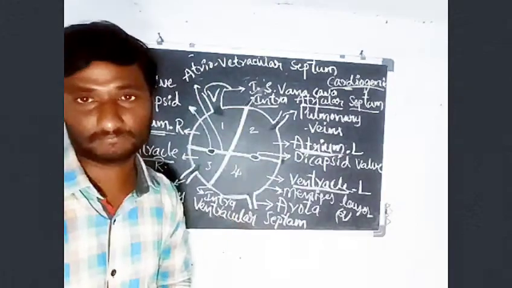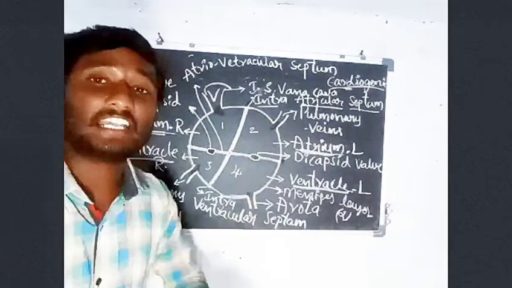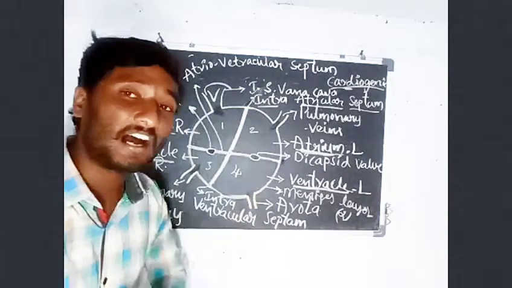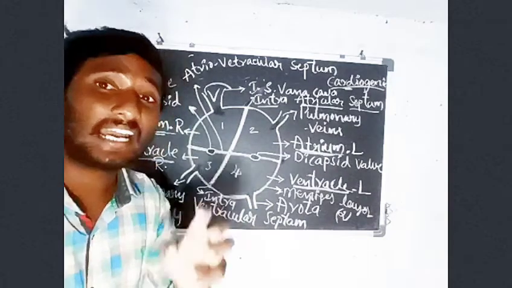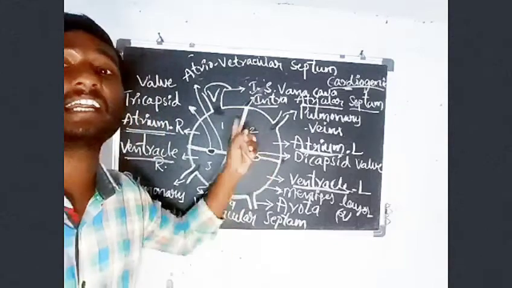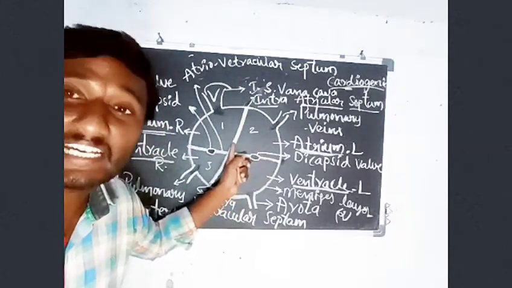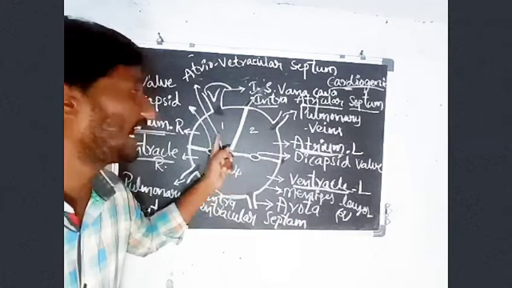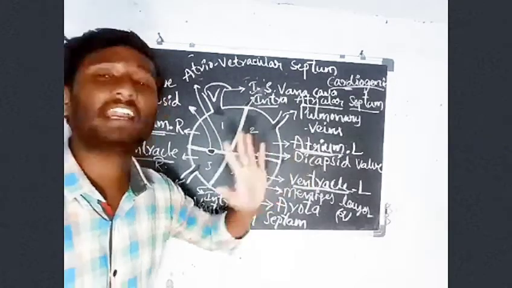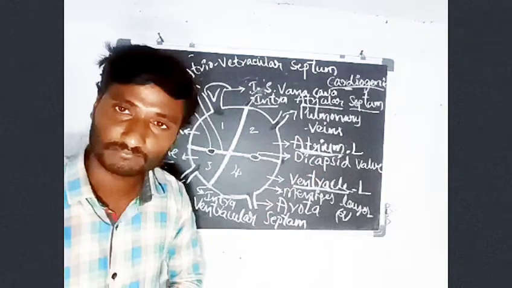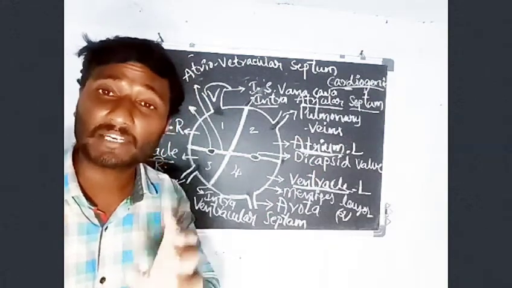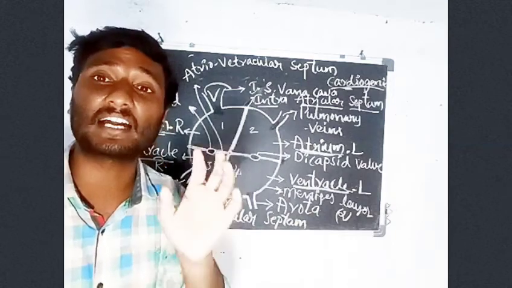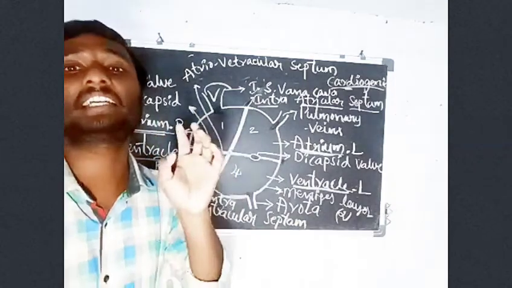Because the blood vessels collecting deoxygenated blood are connected to the right atrium. That's why the right atrium is bigger than the left atrium.